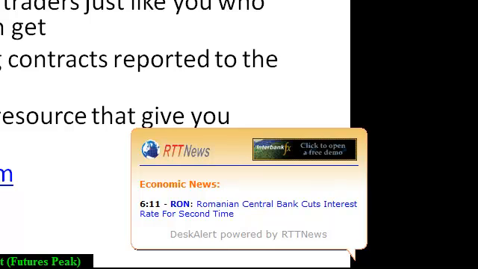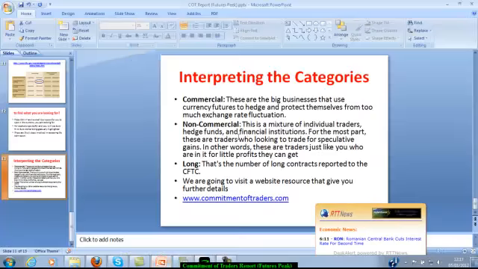But let's quickly go to commitmentoftraders.com, and then we'll look for the interpretation for all these categories you'll be seeing on the COT reports. You have the commercial, the non-commercial, and the long, short, and all of that. Let's quickly get there.